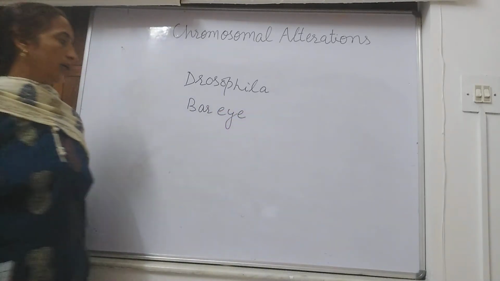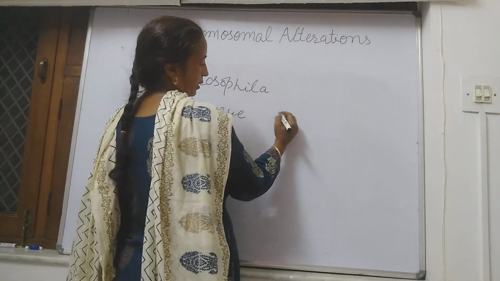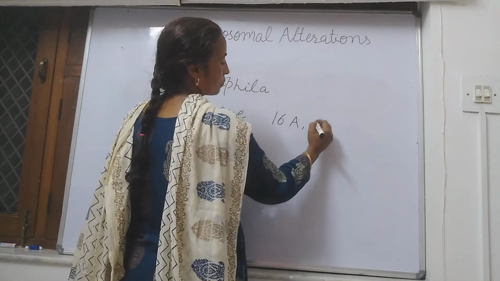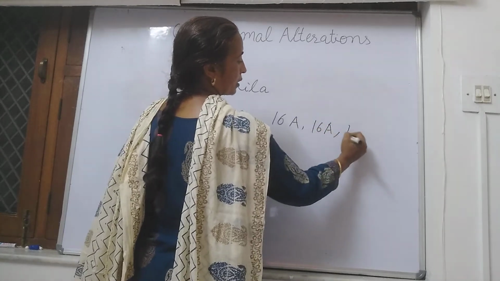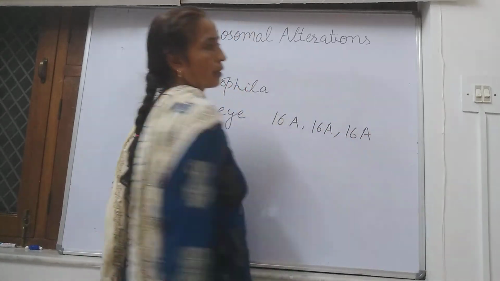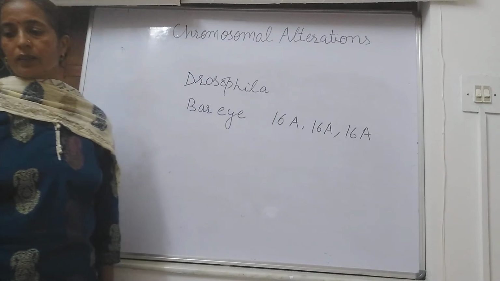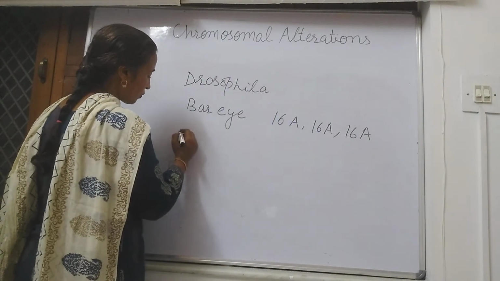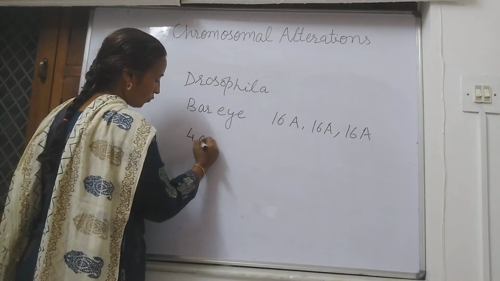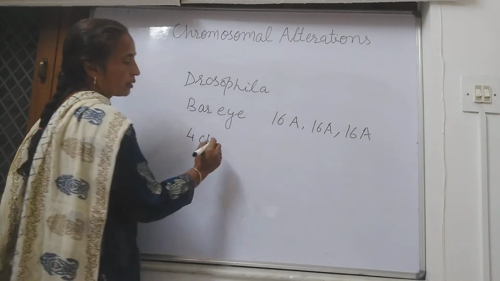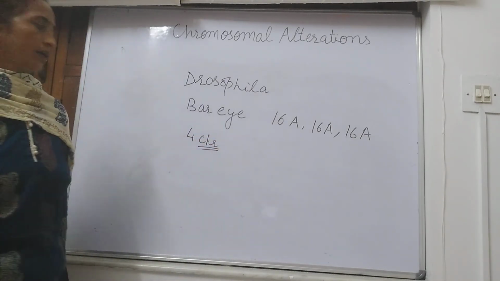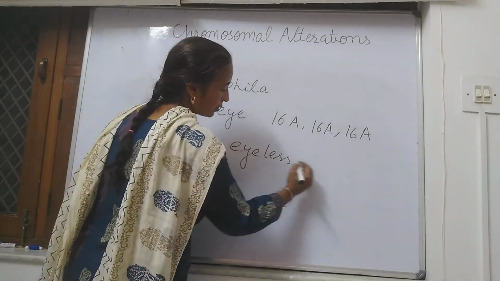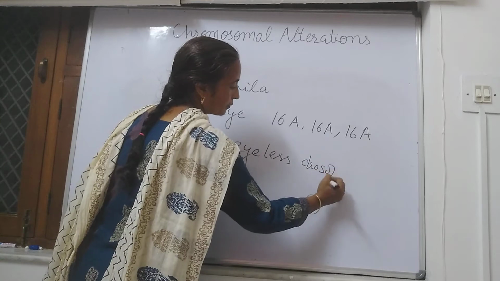In Drosophila it is due to repetition of chromosome region 16A. And also in Drosophila, chromosome 4, there is eyeless Drosophila.